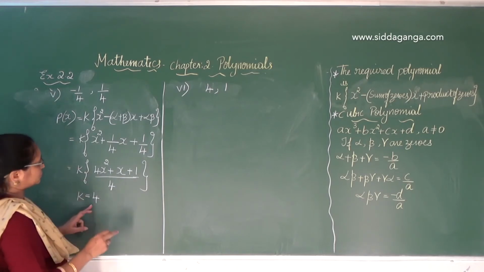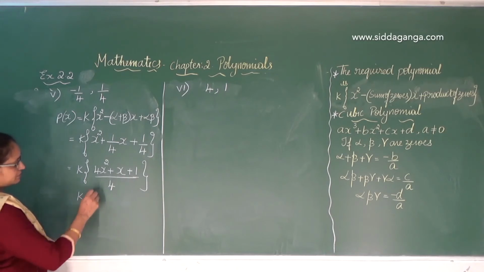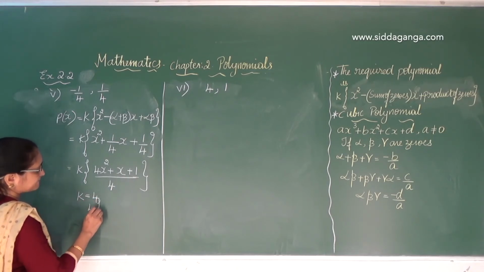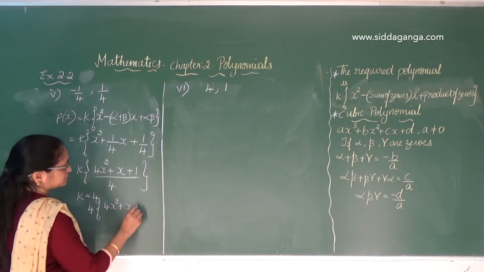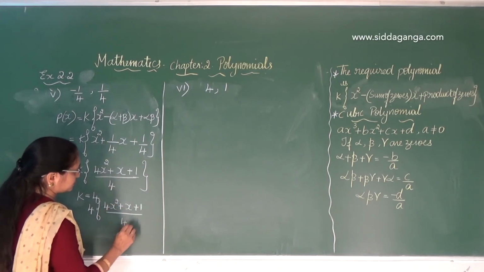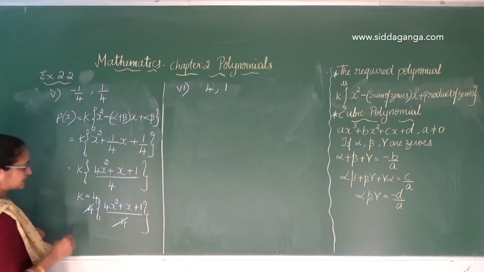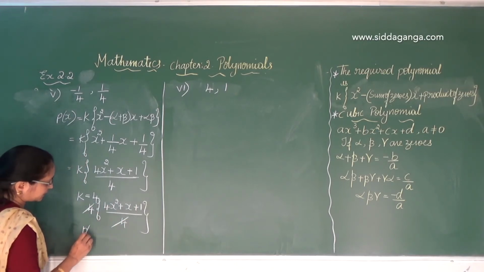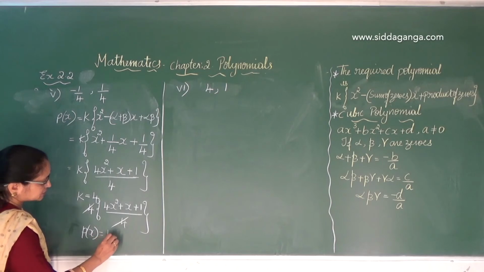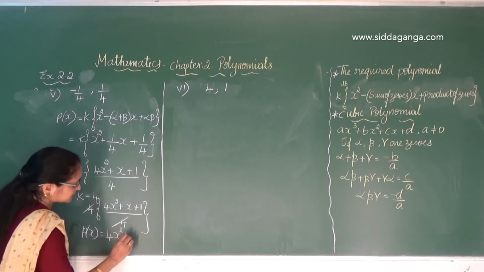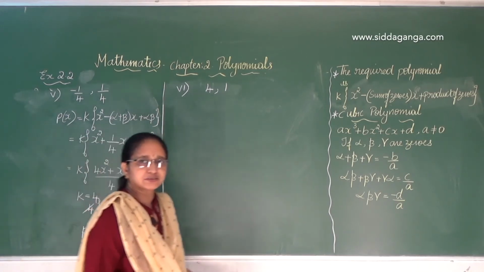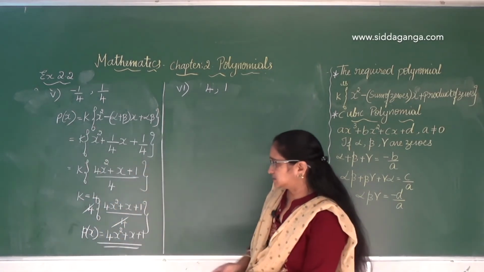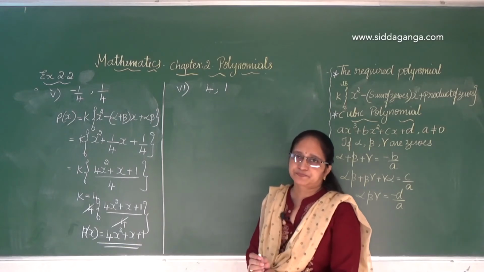Now when k is equal to 4, the 4 gets cancelled. Therefore, the required polynomial is 4x square plus x plus 1.